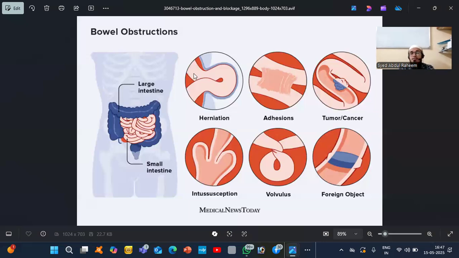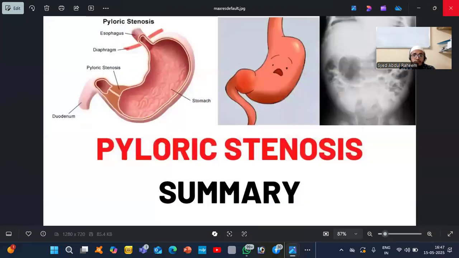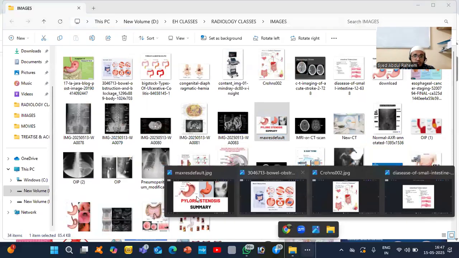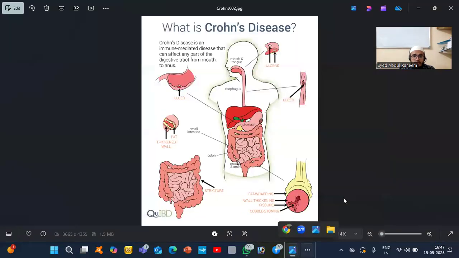Okay. Next, the most important pathologies we have to know are these diseases, mostly in the large intestine. That is bowel TB, which is most common nowadays, and Crohn's disease, which is also most common, and ulcers in the colon, duodenum, anywhere it will happen.